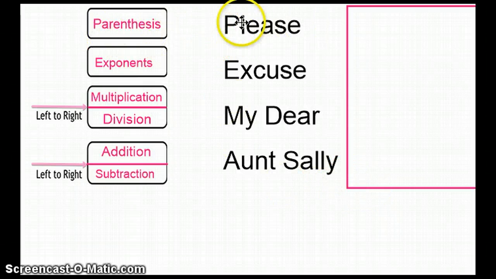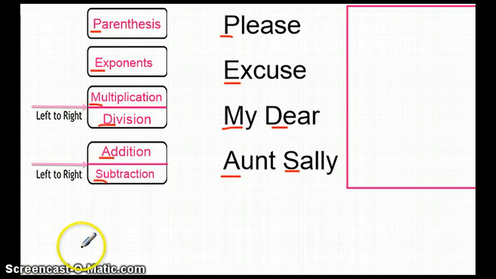Parentheses, P, exponents, excuse, my, multiply, dear, divide, Aunt, addition, Sally, subtract.